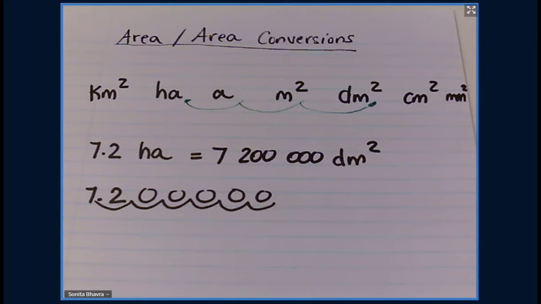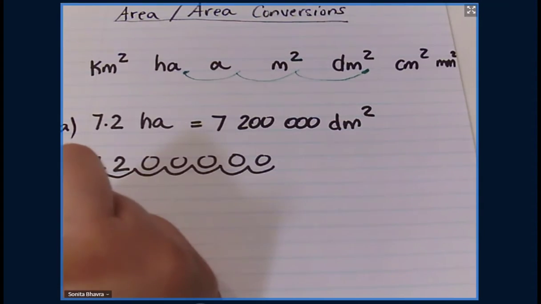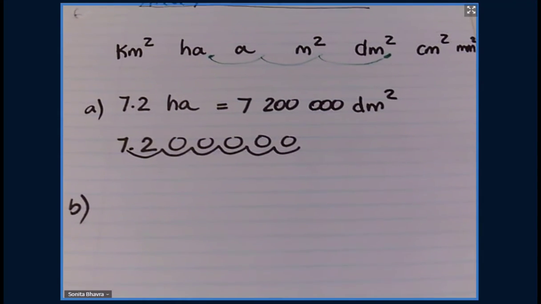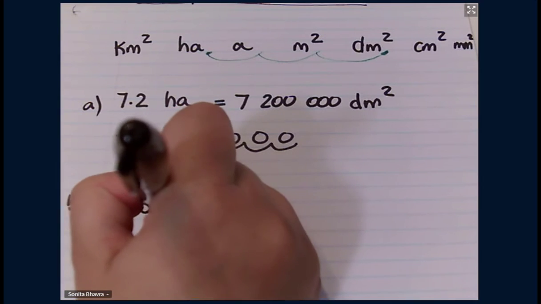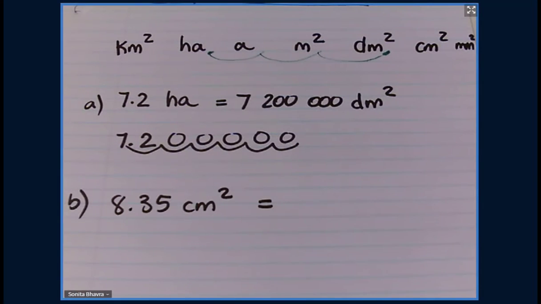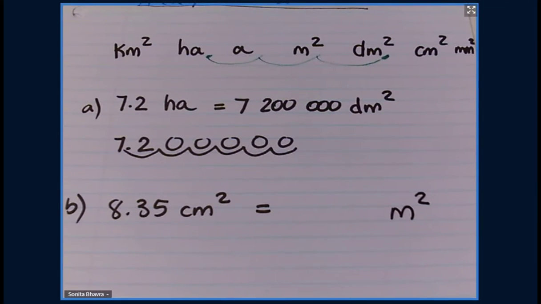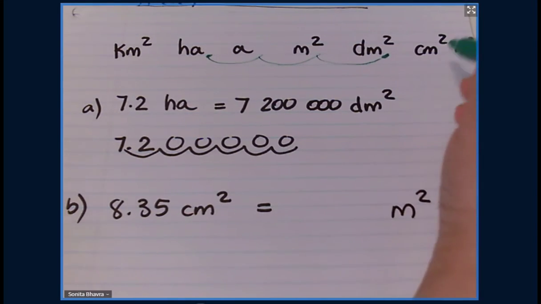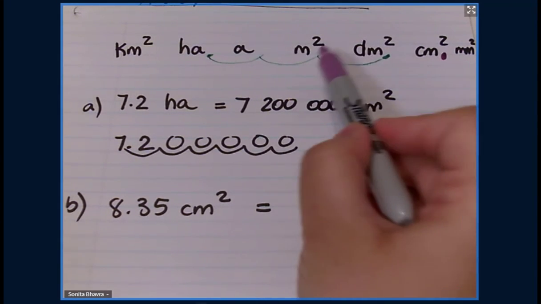All right, let's try another example. Call this A and B. So let's say we are doing 8.35 centimeters squared, and we have to put it into meters squared. All right, so using this chart again, we have centimeters here, and we need to move to meters.